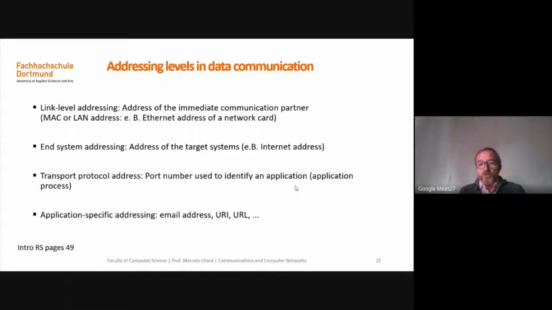Or we could use the HTTP addresses that we typically use for websites, and that addressing is called URL, the uniform resource locator, or the uniform resource identifier.